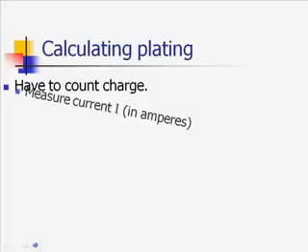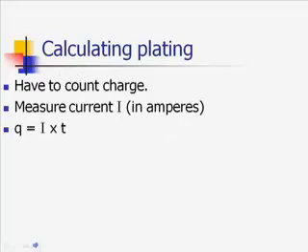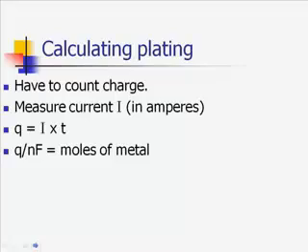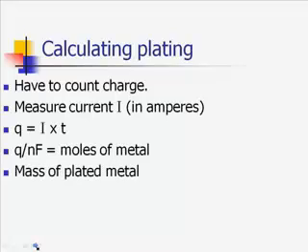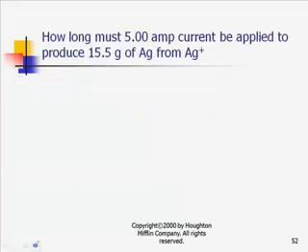This is kind of a step-by-step here. But basically what you'll see is we're going to use a factor label to do this. So if I have 5 amps of current, I want time, and I want to produce 15.5 grams of silver from silver plus.